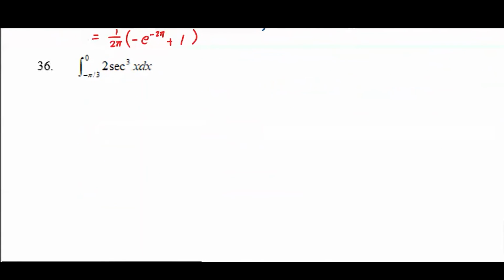Okay, now we do the most hideous one. As if that was not bad enough, right? Okay, so I'm going to do this thingy first. Secant cubed x dx. Now it's a judgment call to have a 2 in front now or later, but let's not, okay?